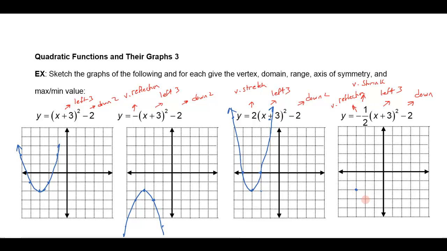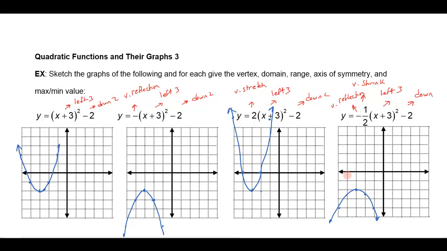And then the half tells me to shrink that to go just down 1/2. Instead of going over 2 and up 4, I'm going to go over 2 and down 2. So I take half of the 4, and the minus tells me it opens down. So notice that makes it open downward, and it looks a little fatter. Again, it only looks fatter because it's a shrink and it's opening down.